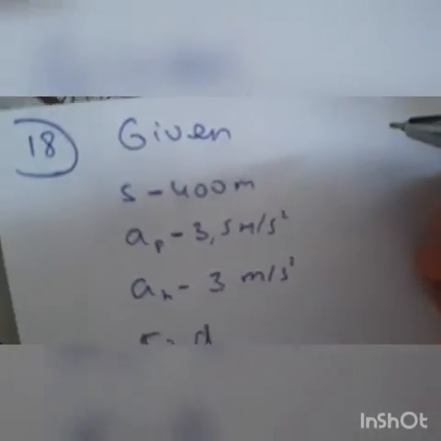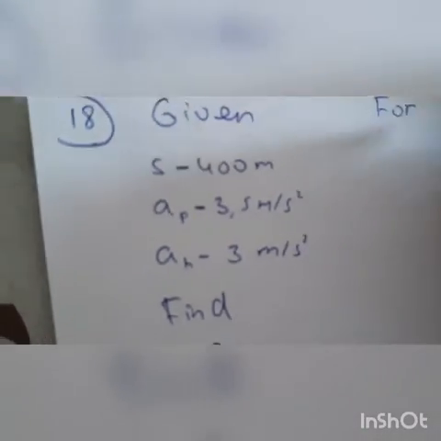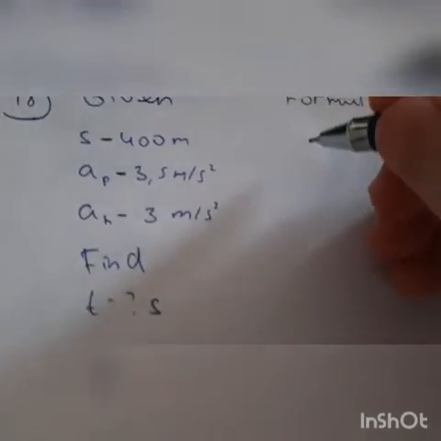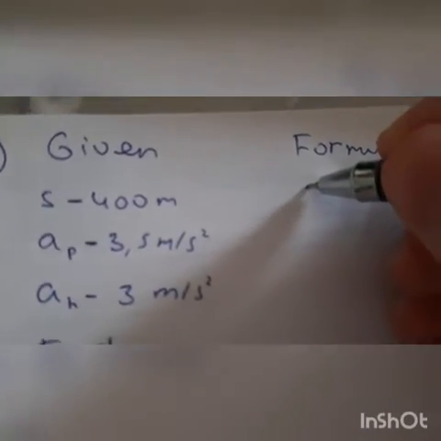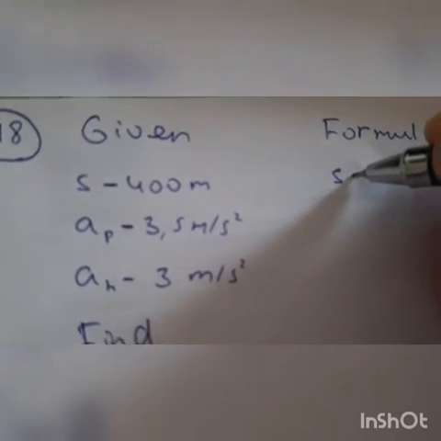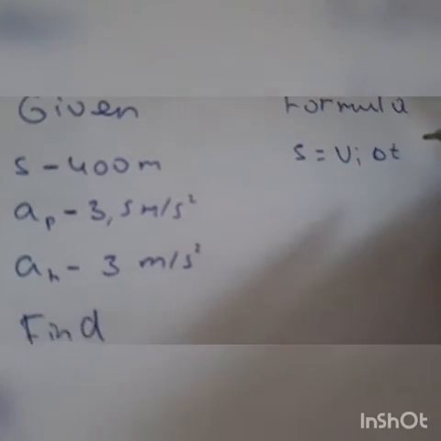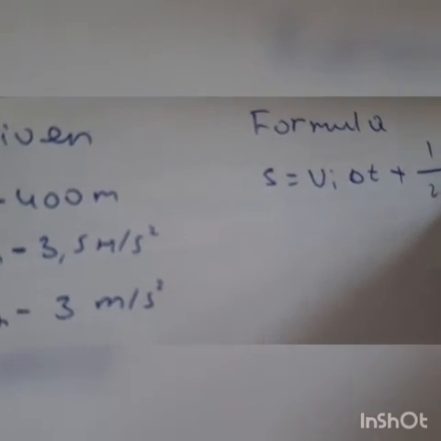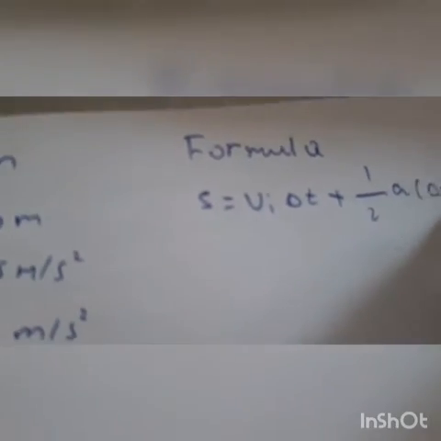Okay. Let's solve. Let's write the formula first of all. We have a formula like the distance equals initial velocity times delta t plus one half acceleration delta t squared.